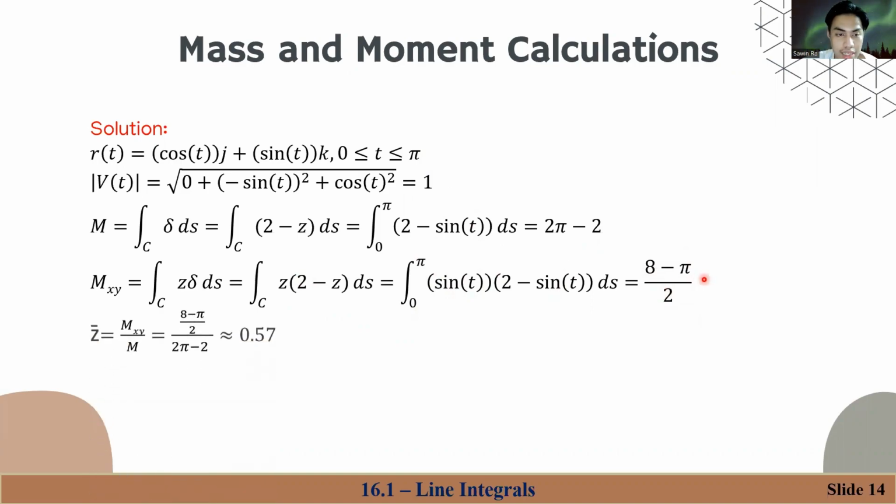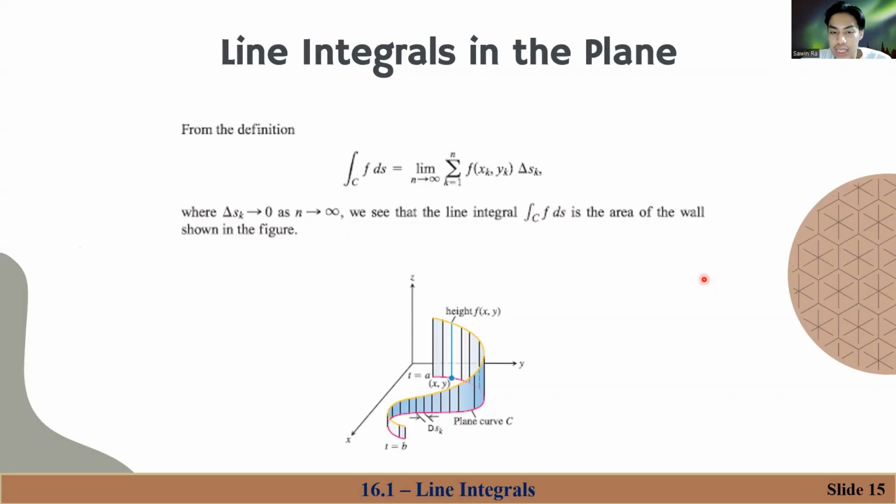And next, to find z bar, we have to use the value that we found for the M on the xy plane over M, and plugging those values in, we get the result, which is approximately 0.57. So from that, we can conclude that the center of mass is at 0, 0, and 0.57.